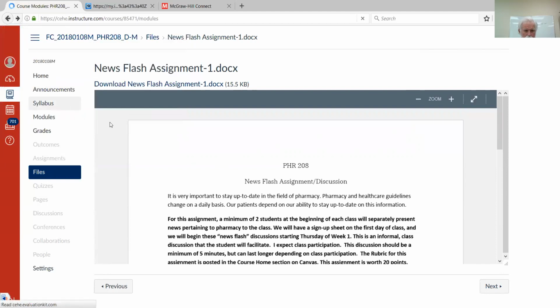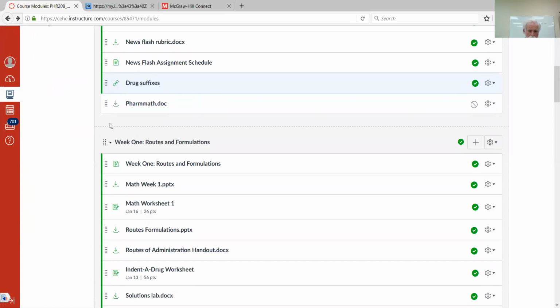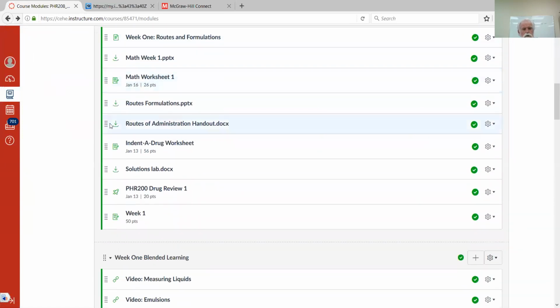Let's talk about the general structure as well, before our second break, after which we'll talk about math. There will be math review. There's a math worksheet in each of our weeks. There are drug worksheets that you're going to work on.